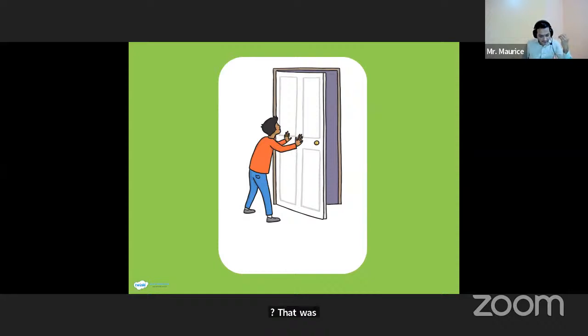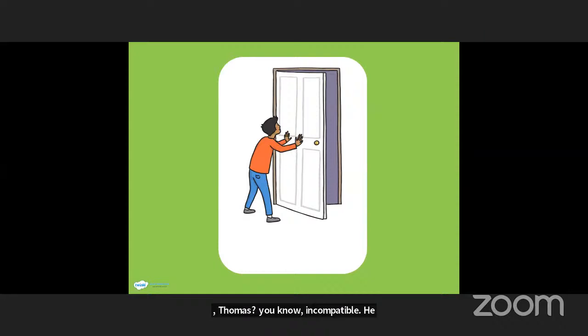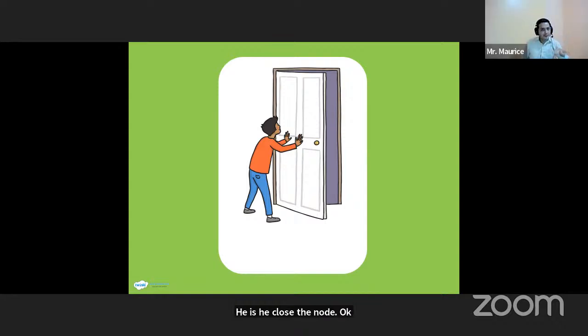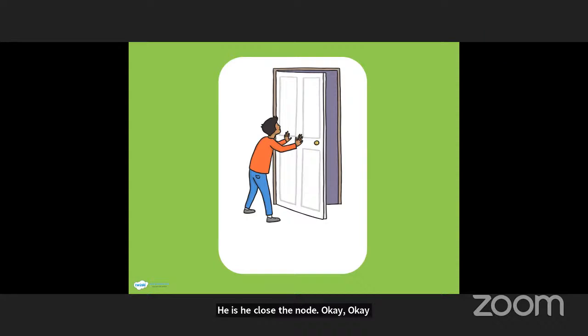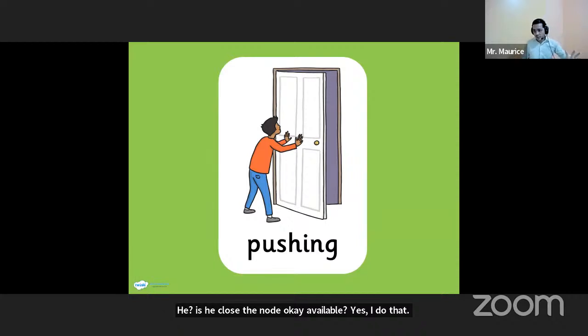Vamos, ayúdanos con el verbo. He is... Close the door. Ok, necesitamos un verbo. Yes. Pushing. Push, P-U-S-H, significa empujar. He is pushing the door. Empujando. Pushing. Alright, perfect.